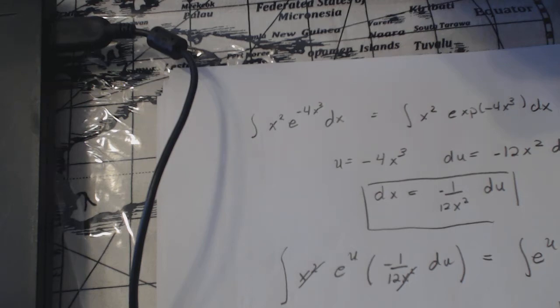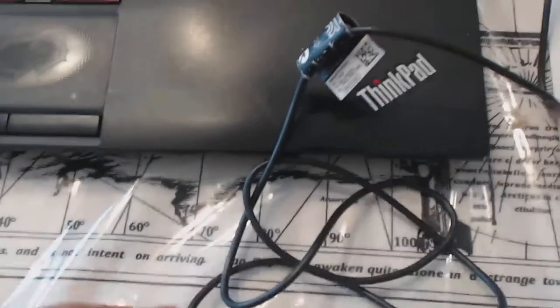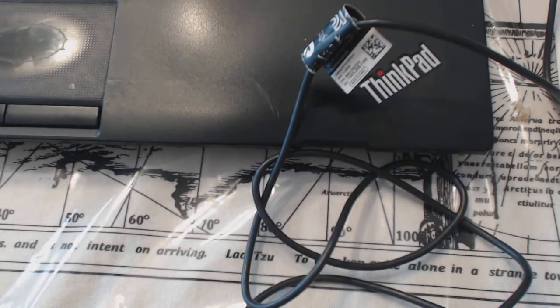I'm going to do a second example of a substitution. So while the problems may seem more complicated, they actually still follow the rules the way we've had them done before.